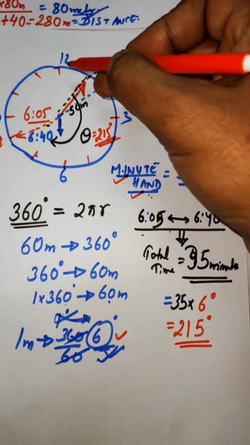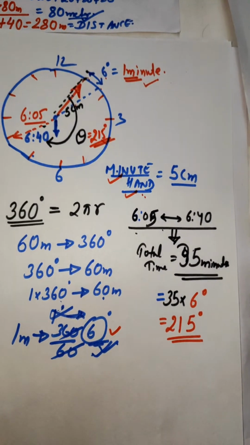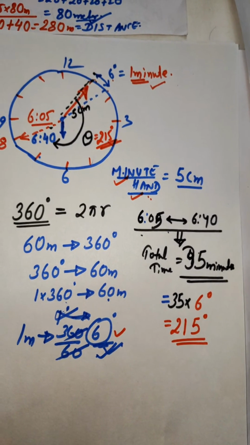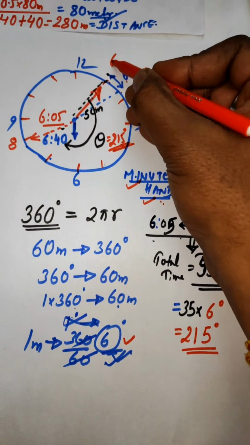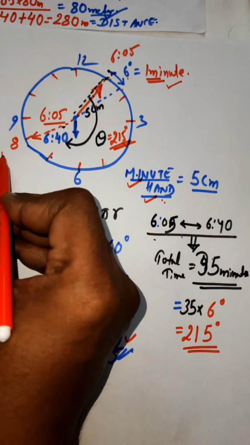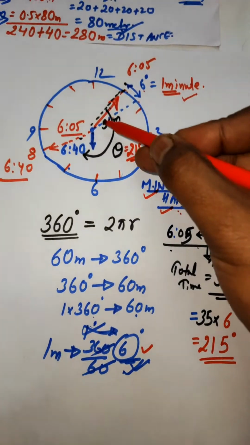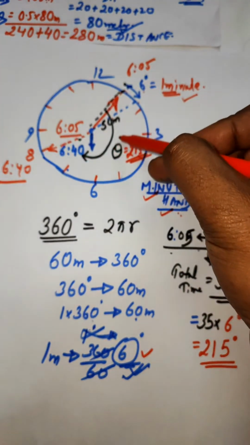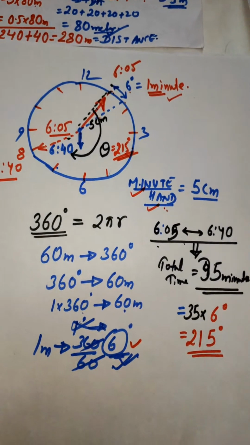Because you know that when the hand completes one round, 360 degree is covered. Now when he starts from 6:05, and when he reaches 6:40, the total angular distance covered is 210 degree, right?